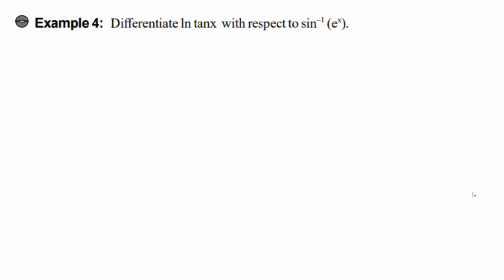Okay, it says differentiate natural log of tangent x with respect to inverse sine of e to the x.